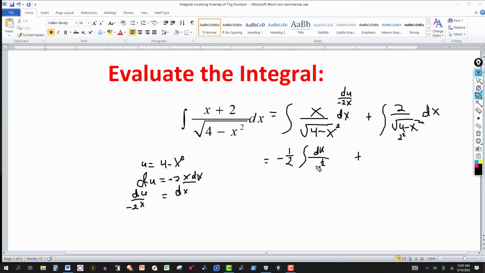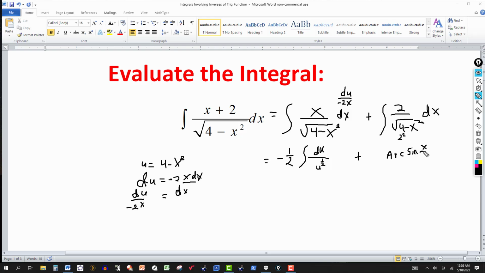So according to that formula we looked at, this comes out to the arcsine of u over a. In our case u is x, and a would be 2.